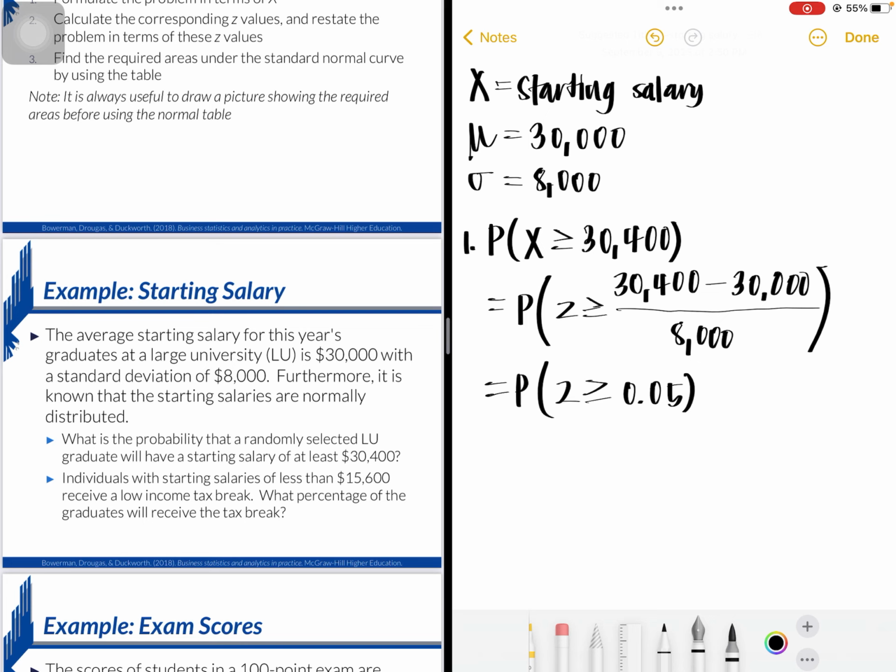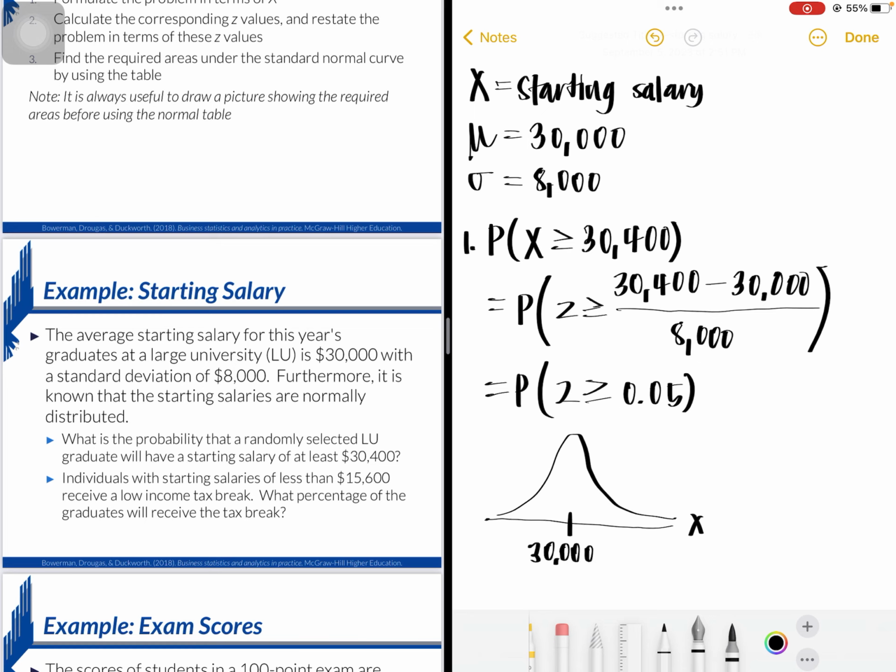Again, as suggested, it helps to try to visualize this in terms of the standard normal curve. Earlier, it was said that the distribution refers to the starting salary with a center at 30,000.